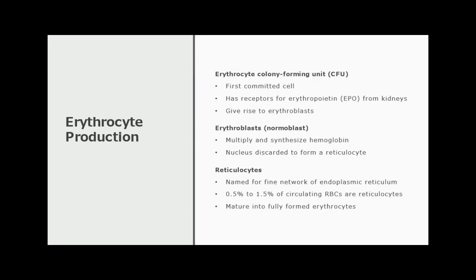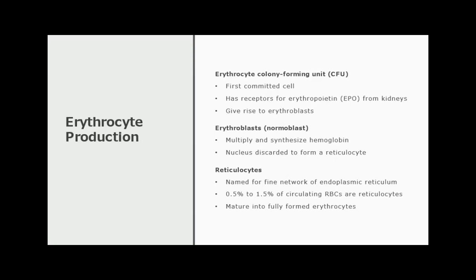The erythroblast is where they are making their hemoglobin, and they are kind of starting to create the ability and that function of gas transport. And then as that hemoglobin is filling up that red blood cell, it gets rid of the nucleus.